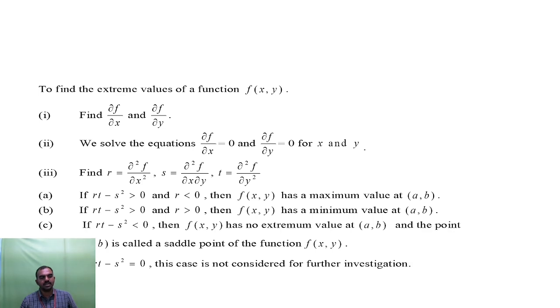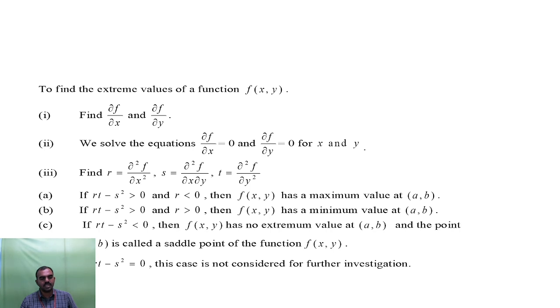Next step, we solve the equations ∂f/∂x = 0 and ∂f/∂y = 0, then only we get the values of x and y. Then find r, s and t. What is r? It is a second derivative: r = ∂²f/∂x², s = ∂²f/∂x∂y, and t = ∂²f/∂y².